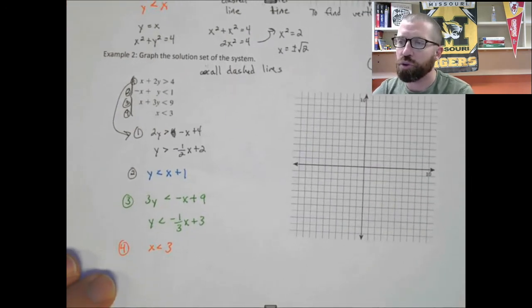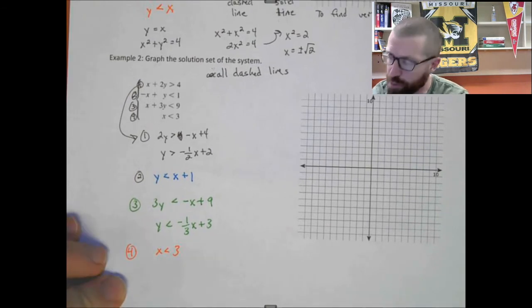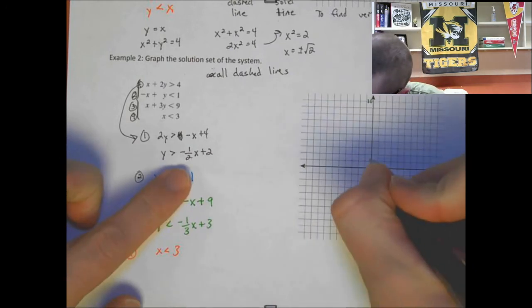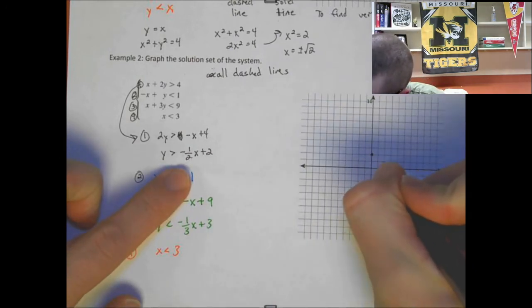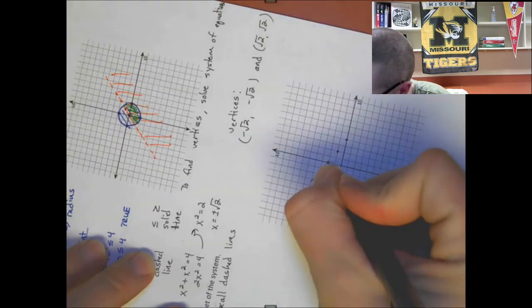Okay, and then we're going to graph these one at a time. So this has a y-intercept of 2, and we go down 1 over 2, and that is a dashed line.